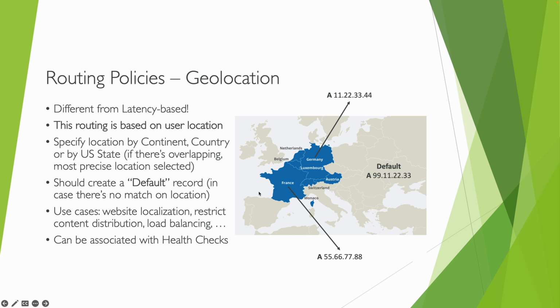If I open the same website from France, I want to show it in French, so I will send them to this server. Any other country hitting that domain name, I want to show in English on this default server. Okay, so this is how that works.